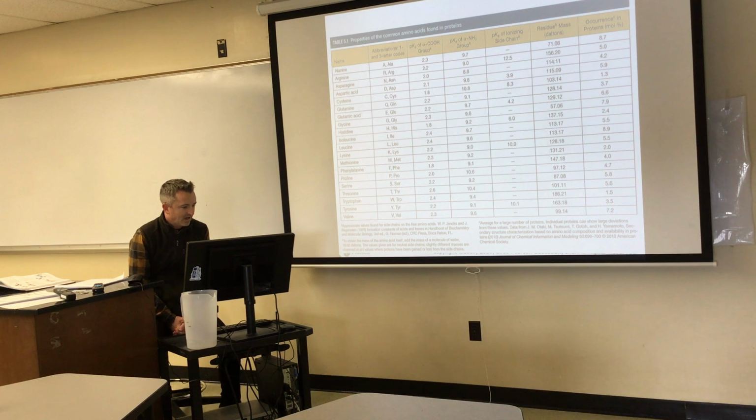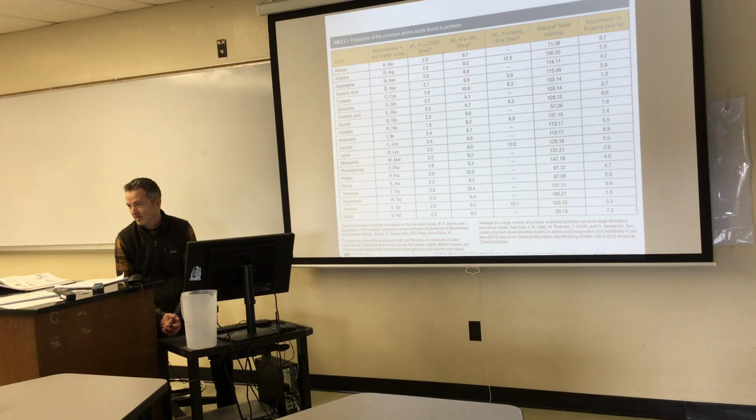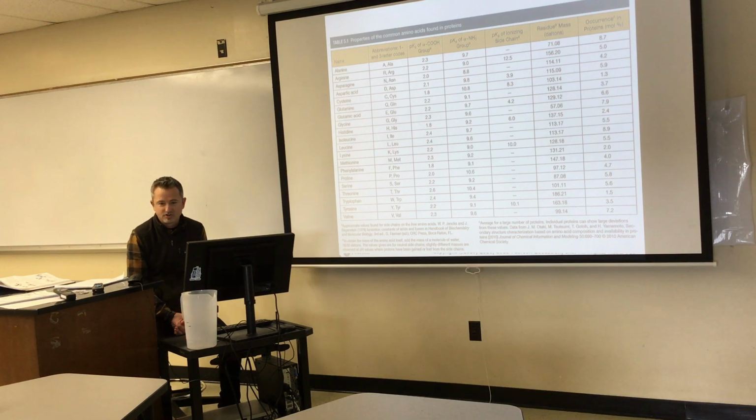If you look at glutamine versus glutamic acid, glutamine is GLN, even though it starts with glue. Okay, so glutamine is GLN, glutamic acid is GLU. What's another one that's common?